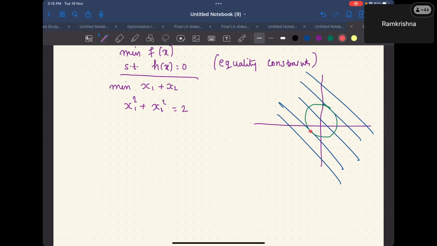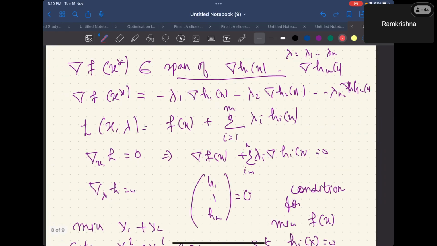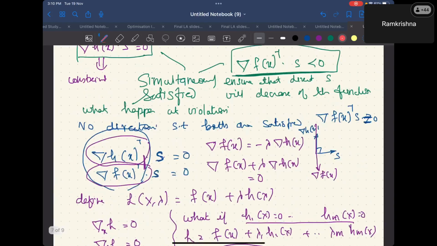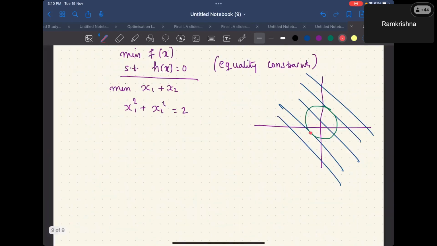So what we derived last time were the first order and second order conditions for this. I'll summarize those conditions here.